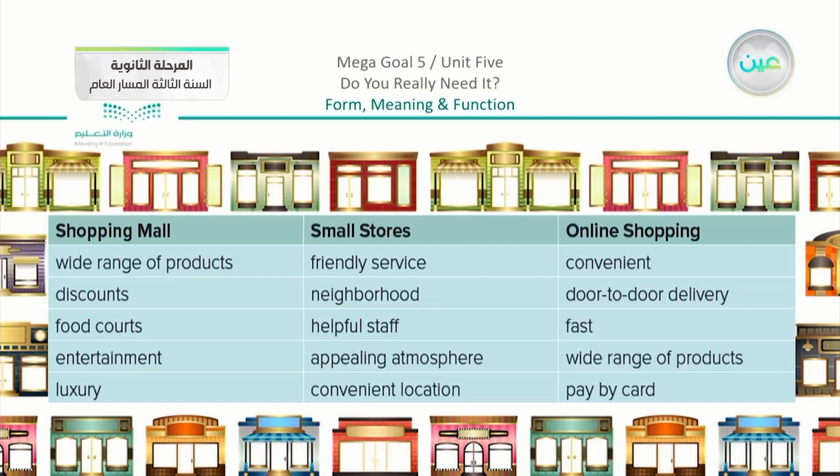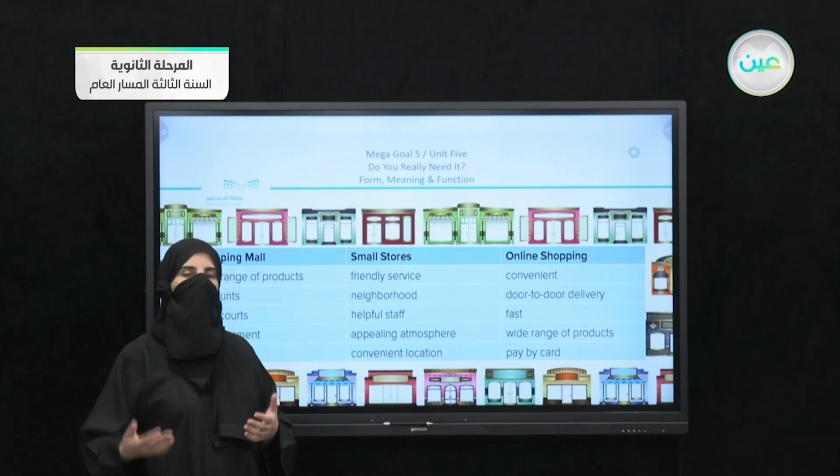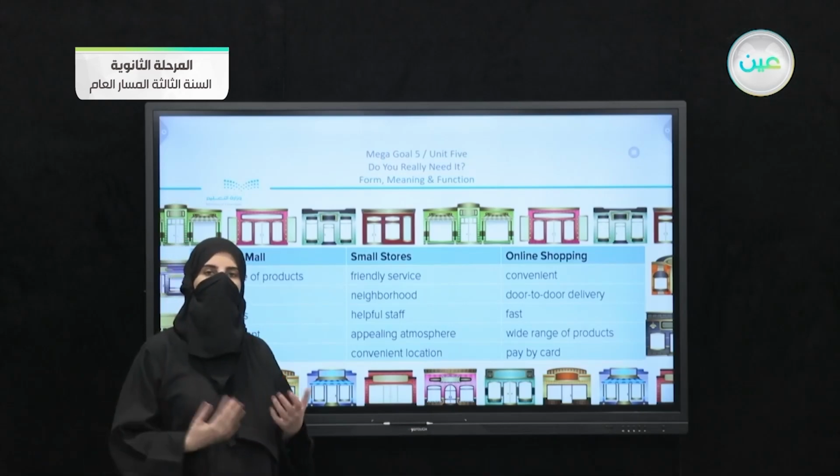Words connected with online shopping: convenient, door-to-door delivery, fast, wide range of products, and pay by card. And when they mention fast here, they do mean that it is fast to just open your device and quickly choose whatever product you want.